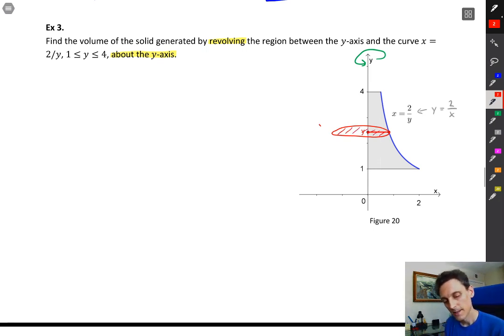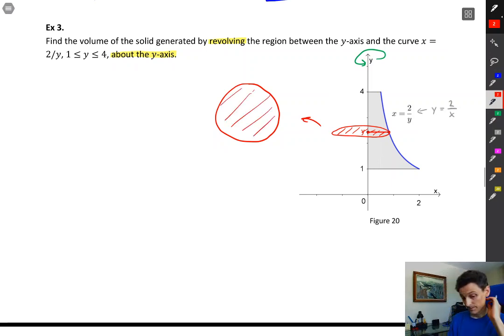And in fact, I'm going to take this immediately and plop it in a 2D setting, like plop it flat on the page. So here's our circular cross section. Now, the thing about this is, just like before, we want to figure out what the radius of this circle is.